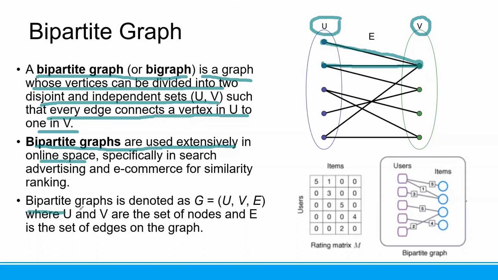The bipartite graph is denoted as G, where U is a set of nodes or vertices, V is another set of vertices, and E is the set of edges on the graph.